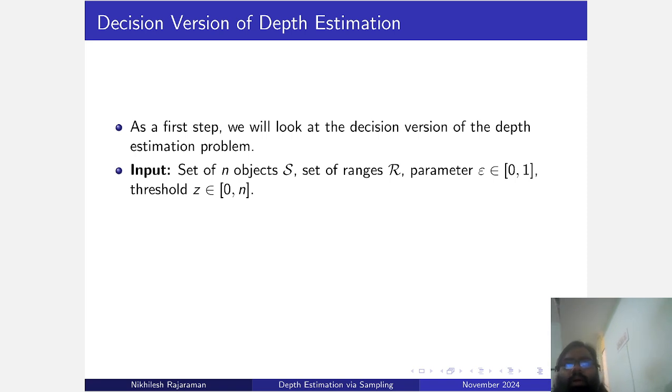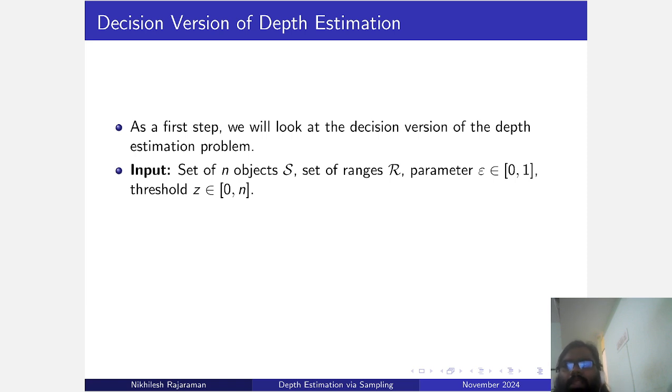So as always, the input consists of a set of n objects, which we denote calligraphic S, the set of allowed query ranges calligraphic R, and our error parameter epsilon. But in addition to this, we also have an additional threshold parameter Z. So essentially, in this decision version of the depth estimation problem, the goal is something slightly different.